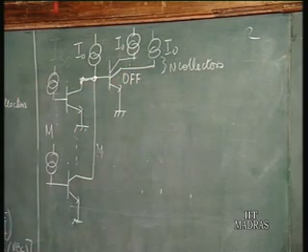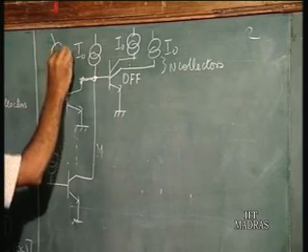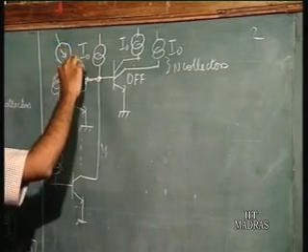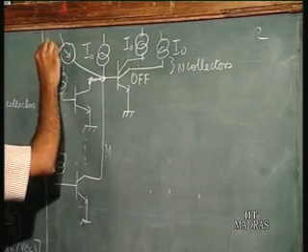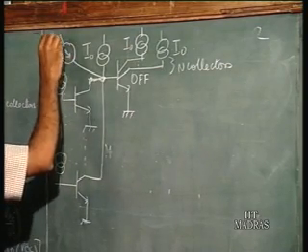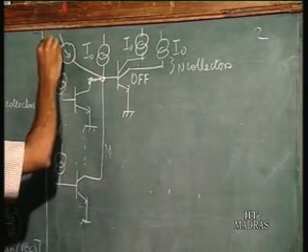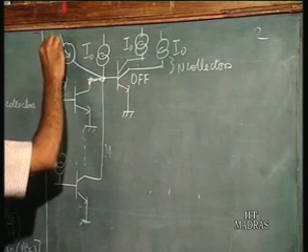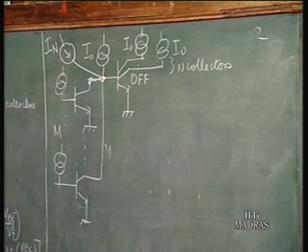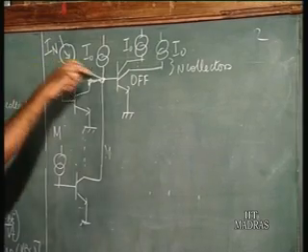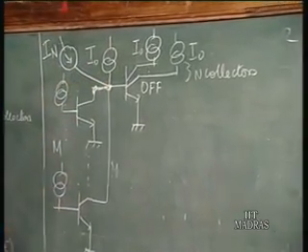Now, suppose you have another current source here, which is due to noise. I'll call this I N, the noise current, and this current flows in here.